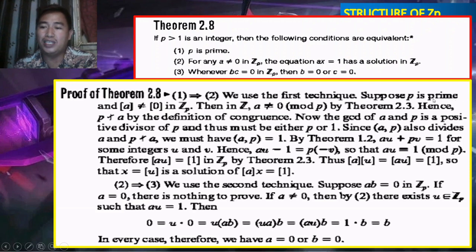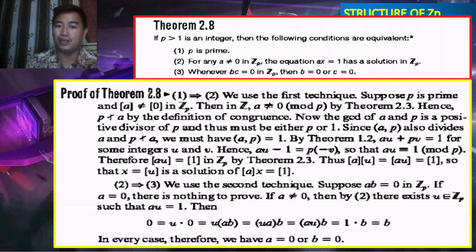So we suppose a is not equal to 0 in Zp, and we put brackets on it, technique number 1. Then in Z, a is not congruent to 0 mod p by Theorem 2.3. If they are not equal, they are not congruent mod p. By Theorem 2.3, if they were equal, they would be congruent.